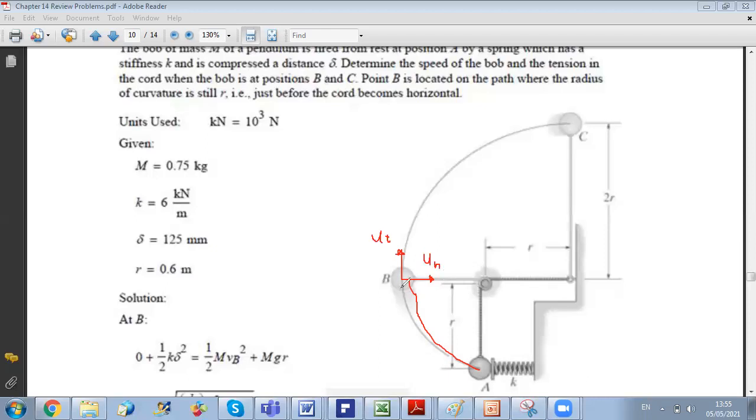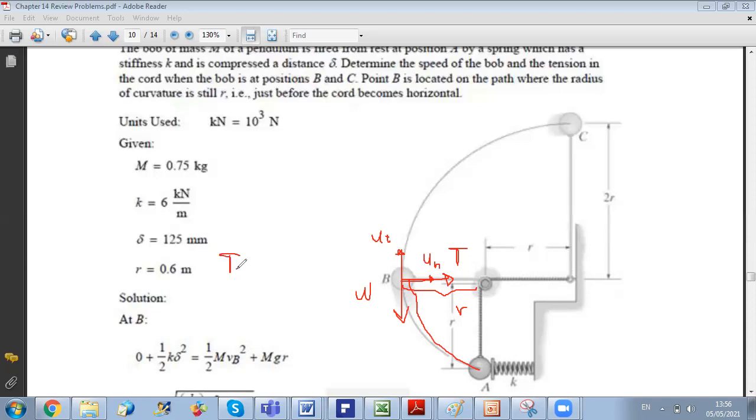Then in this case, what is my radius of curvature? I am moving on a circle of radius r. So if I want to find the tension at B, I will put my forces. The forces acting on my ball are the weight and the tension T. Okay. Therefore, along un, the only projection will be the projection of the tension. So my equation is very simple.